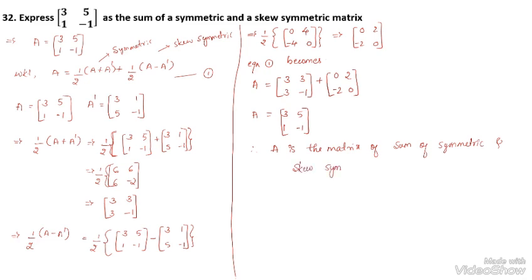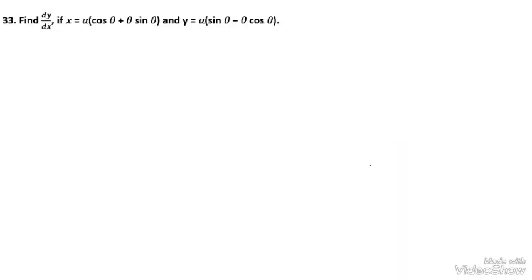Sum of symmetric and skew symmetric. This is the proof. Next one, question number 33.